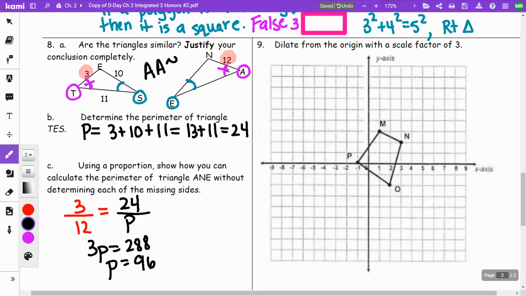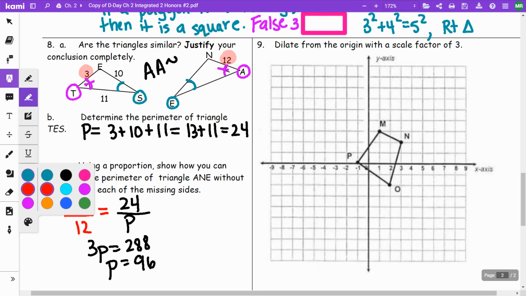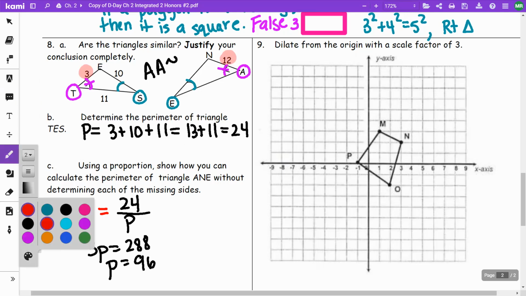Now, what you can also notice is what am I doing from 3 to get to 4? Well, I am multiplying by 4 to go this direction, okay? Or if I'm going the other direction, I am multiplying by 1/4, depending on which direction I'm going.